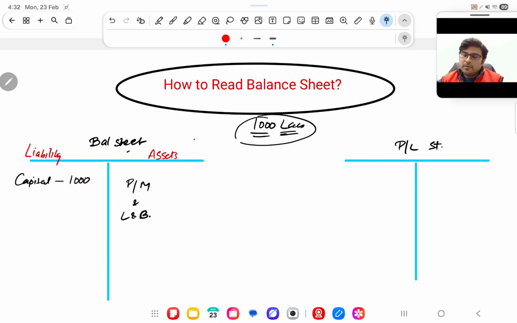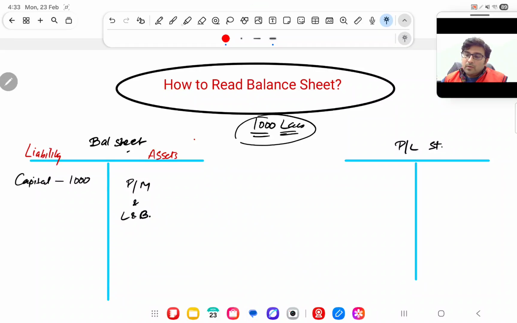For understanding purpose, because this is a T-shaped balance sheet, left is liability, L for left, L for liability, and asset is your right. You have right on your assets, so it is on the right side of the balance sheet. This is a T form. You have other forms also, we'll discuss when you join our courses.